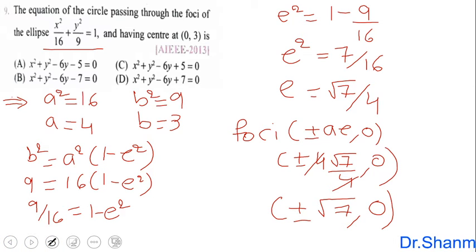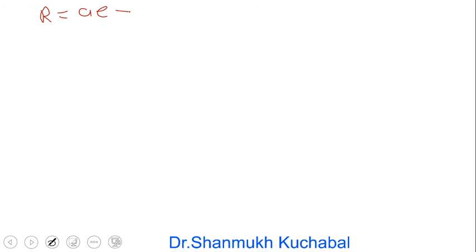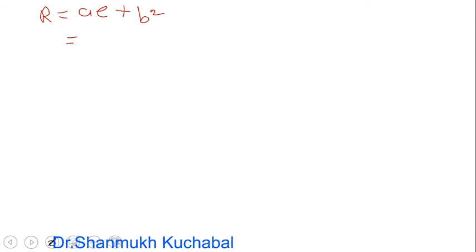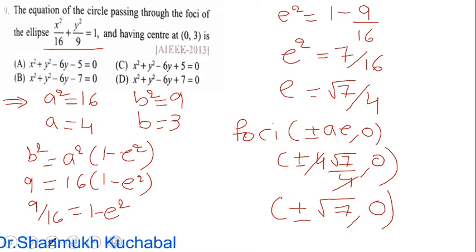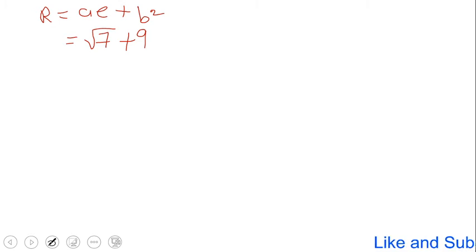Then we'll find r now. So the r formula is square root of ae square plus b square. ae is root 7, we get. b square, b is 3, square is 9, we get.